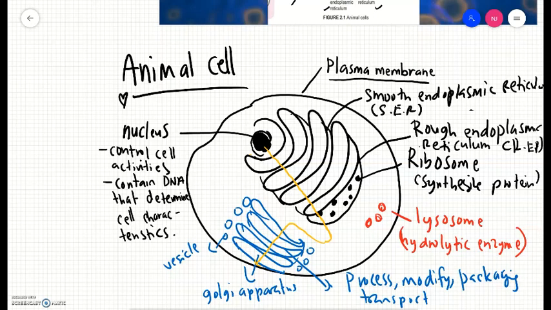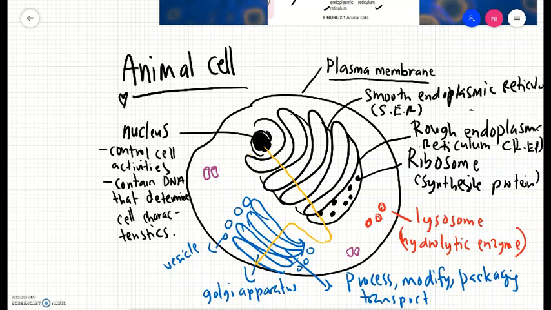Okay, now last but not least, we have a centriole. These centrioles exist in pairs, meaning that if you want to draw a centriole, you must draw it in pairs, and the function of the centriole is to form spindle fibers during cell division. Okay, what is a spindle fiber? Later in chapter 5, we will discuss it under cell division.